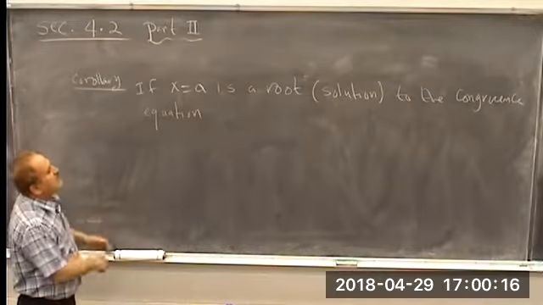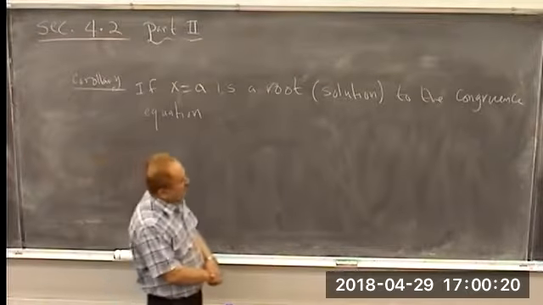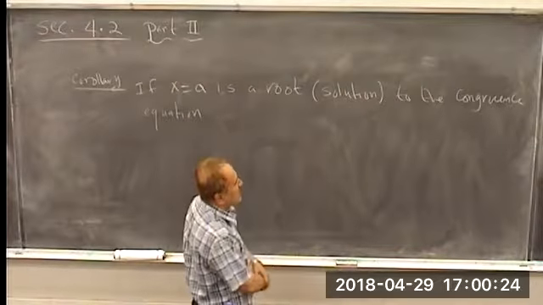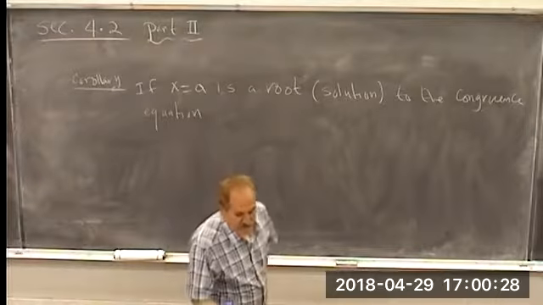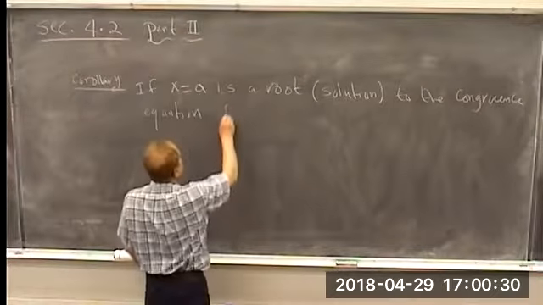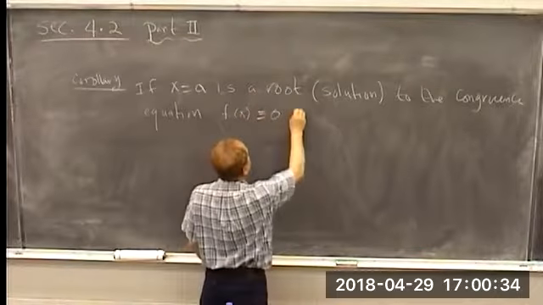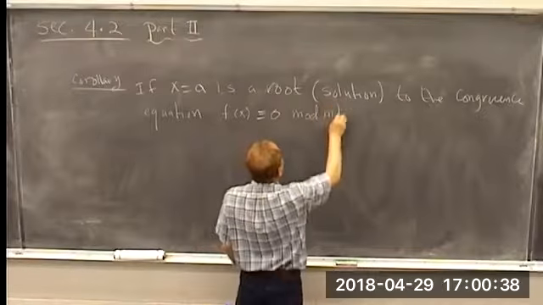It means some expression containing x is congruent to some value or some other expression in x mod m. So the congruence equation is, let's say, f of x congruent to 0 mod m.